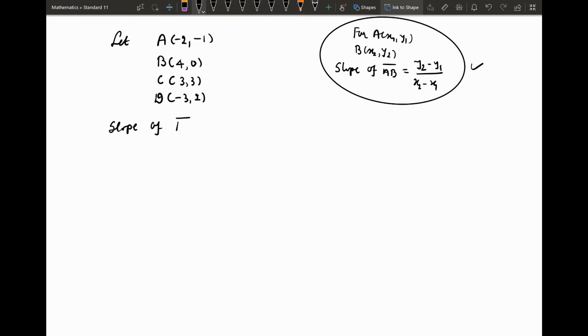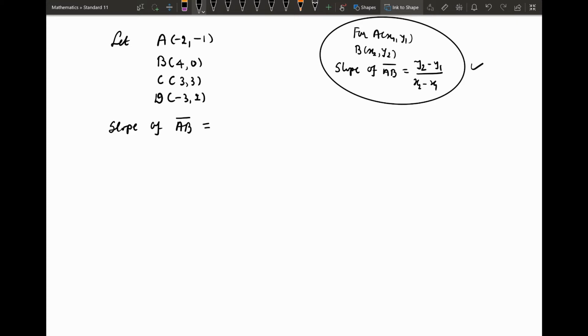You can also prove that midpoints of the diagonals are equal. This is an alternate method, but here we will use the method of slope.